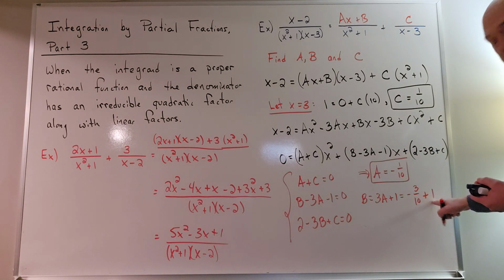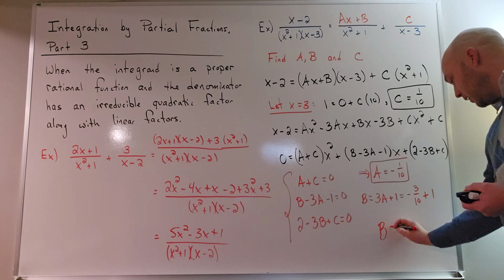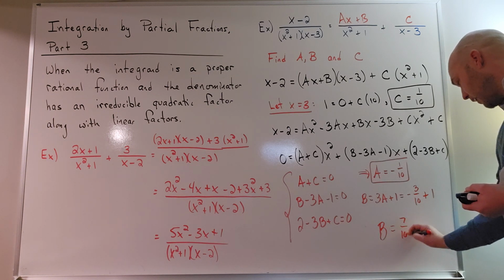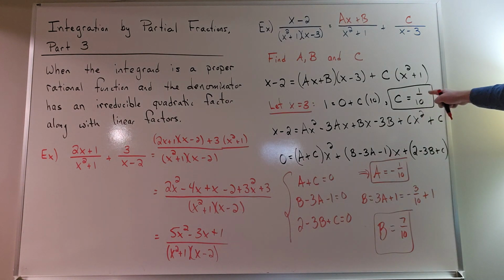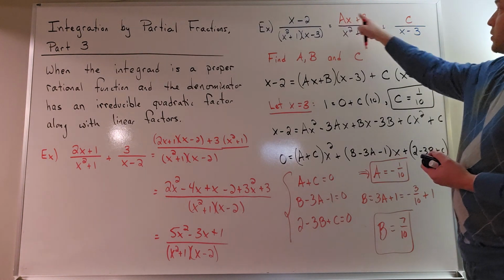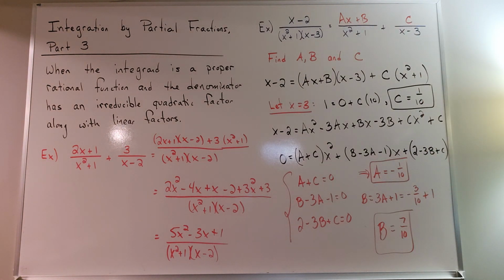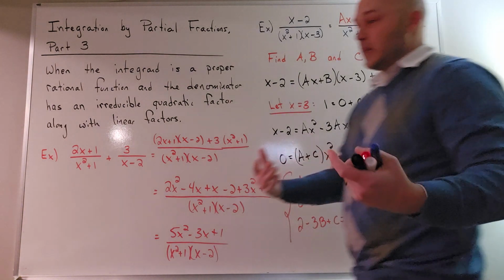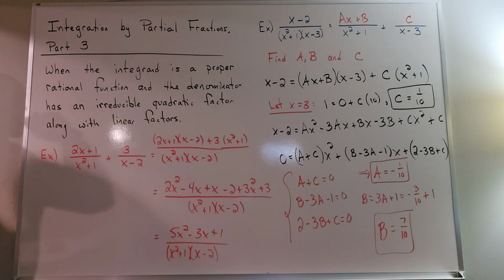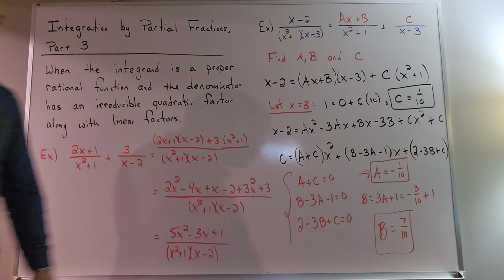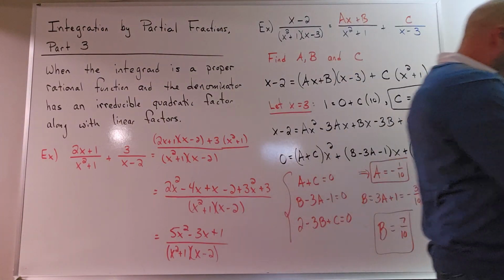Of course, 1 is 10/10. That gives me b would be 7/10. Now I've got my a, b, and c values, and we can plug those into those expressions, and then we have our decomposition. Let's summarize that on the other side of the board.